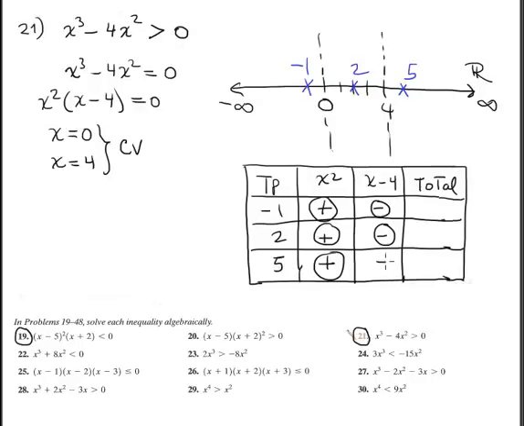Now 5 is positive. So this multiplication, this is minus, and this is plus. So let's analyze. The only part that is true is this part. This is true, this is false, and this is false, according to my problem, where the inequality is greater than positive.